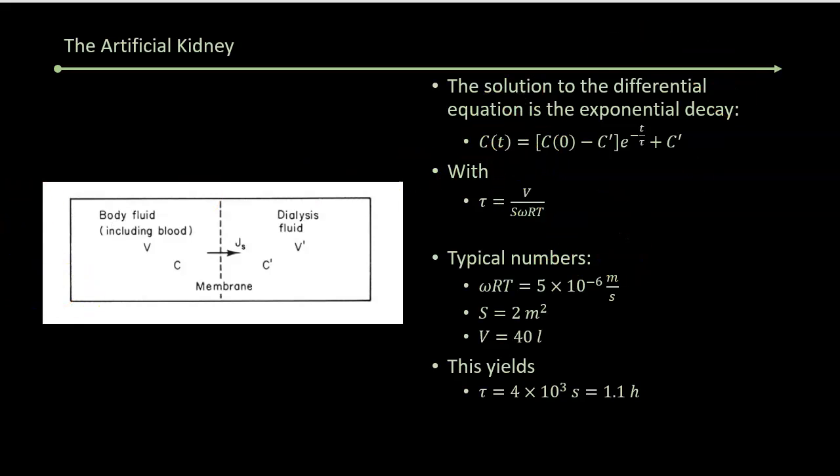You're bringing the blood out and letting the solutes flow through this membrane into the dialysis fluid. You're not filtering, in that the blood isn't going through the membrane. You're simply letting that exchange take place, and you're reducing the concentration of solutes in the blood.